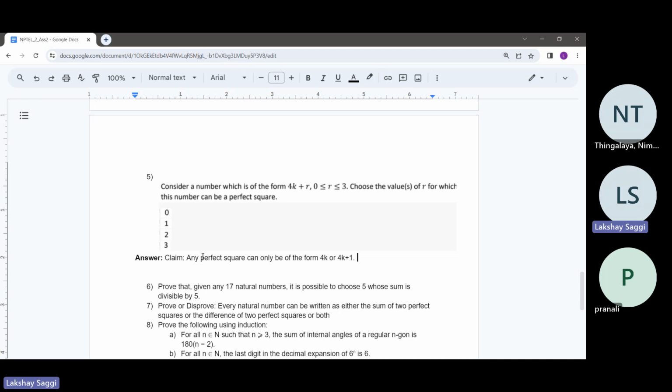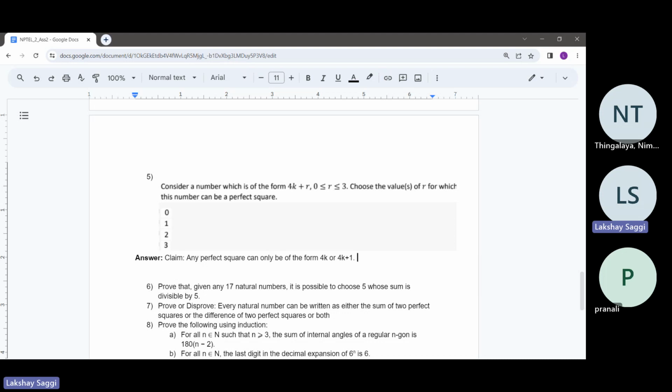Note that any natural number will be of the form 4k, 4k plus 1, 4k plus 2 or 4k plus 3. But what I'm claiming is that any perfect square will only be of the form 4k or 4k plus 1. The 4k plus 2 and 4k plus 3 forms can't be perfect squares.